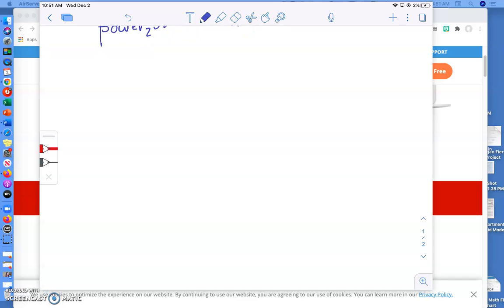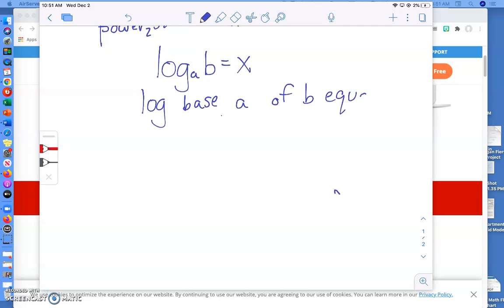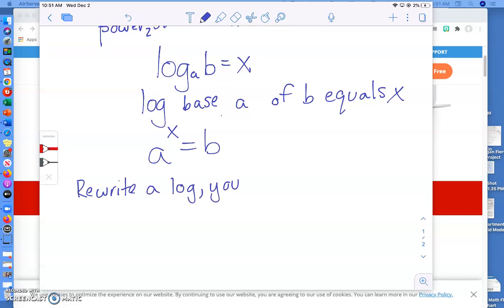So when you see logs, log base A of B, the way you read that is log base A of B. And let's say it equals X. That is the same thing as our exponent saying A to the X equals B. Another way of thinking about this is when you rewrite a log, you are solving for the exponent.